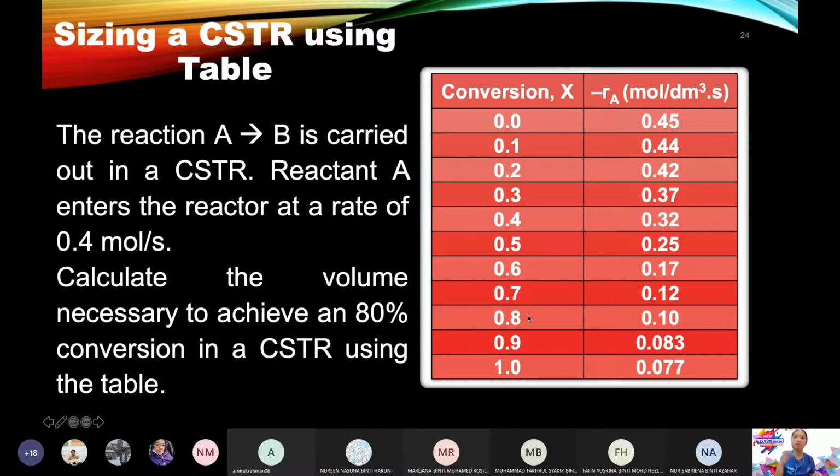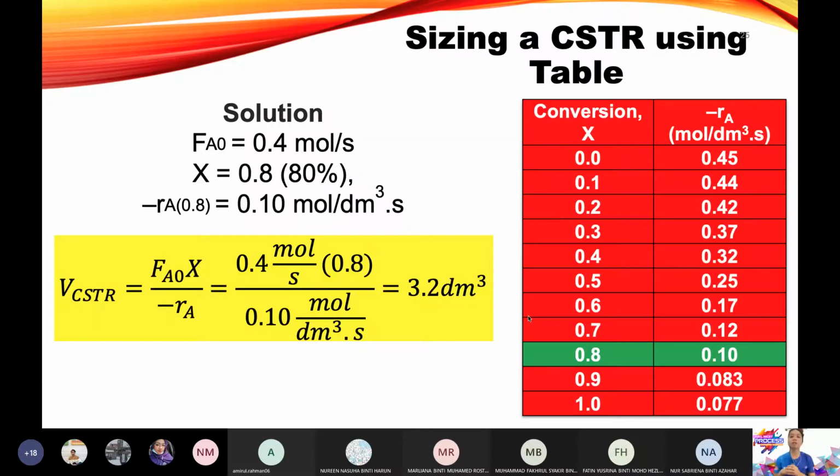Okay, so 80% conversion dia mesti capai kalau saya nak run molar flow rate saya at 0.4 moles per second. How big my reactor will be? Okay, kita tak tahu berapa besar reaktor kita kalau kita nak mencapai this kind of situation. Okay, so how do we solve it? Okay, so I always teach you, not only for reaction, it's actually for all kinds of engineering.